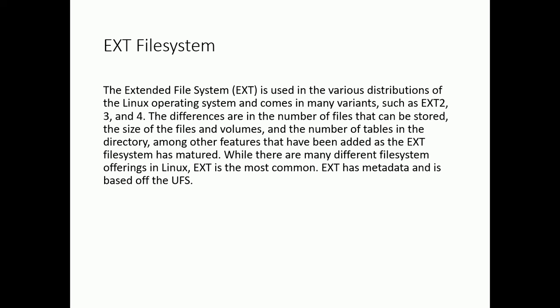For example, EXT has a couple different versions. There's EXT2, 3, and 4. What I can tell you about EXT is 3 and 4 are journaling file systems, where EXT2 is not. Some of the limitations have to do with the sizes of the files and how big the volumes can be. So how many terabytes you can use with these different file systems.